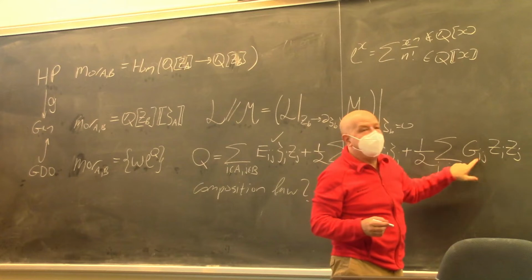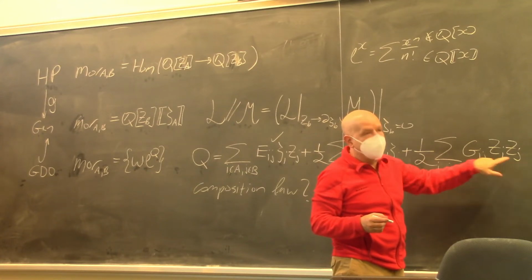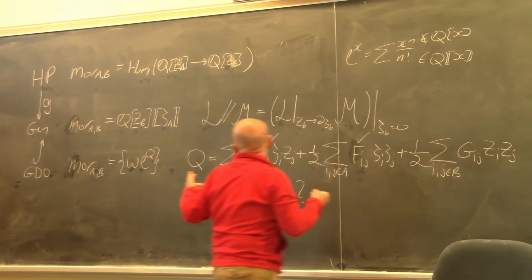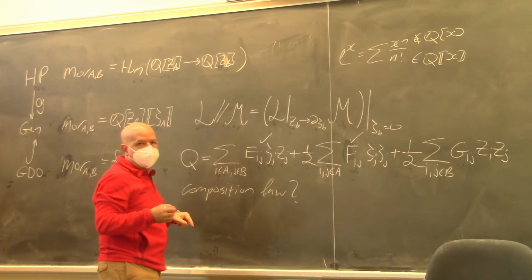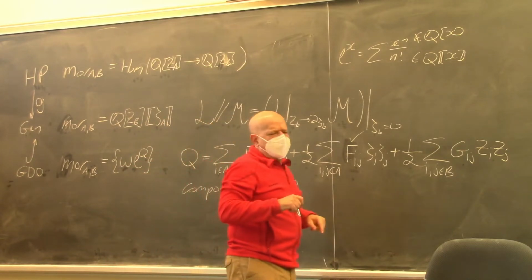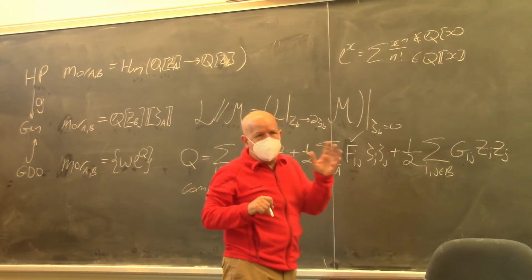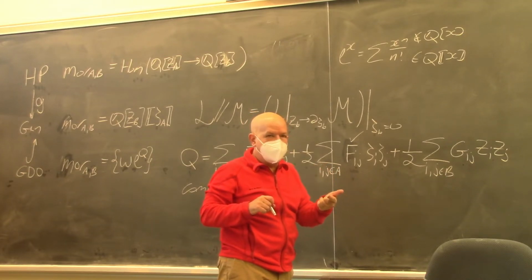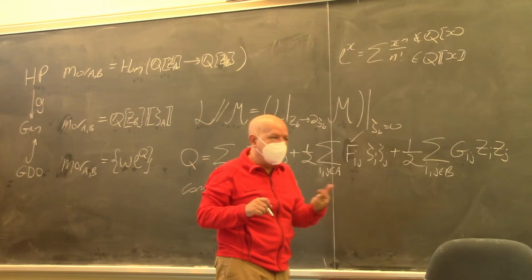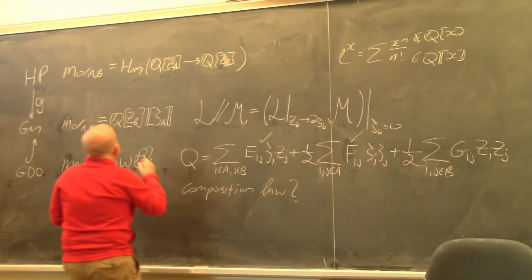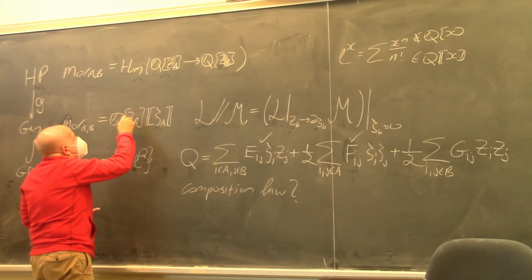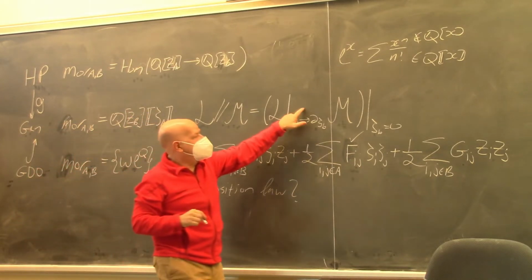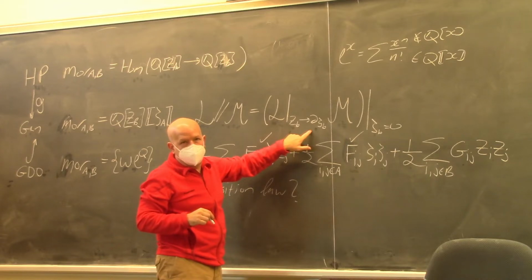But this term, as it stands, is not small, because the Latin letters aren't small. I mean, I only have polynomials in the Latin letters, okay? You could dream for a second of solving it by allowing power series in the Latin letters as well, but then the composition will not be defined.